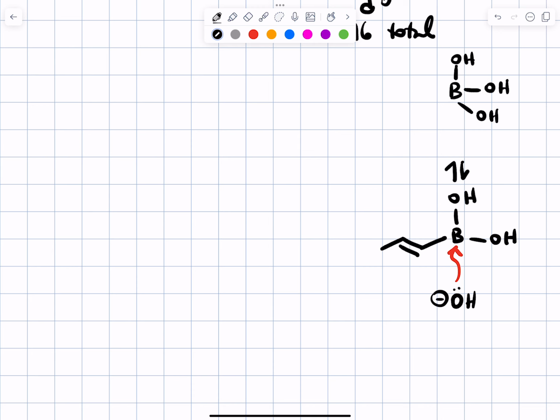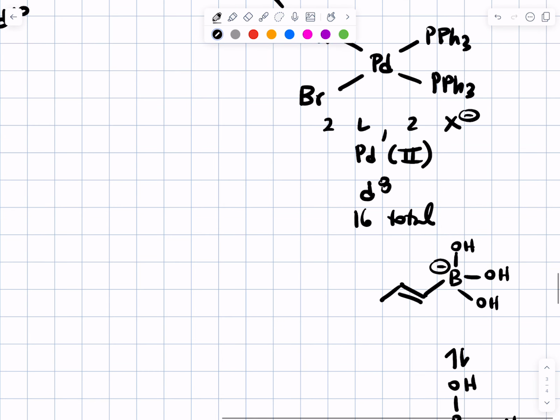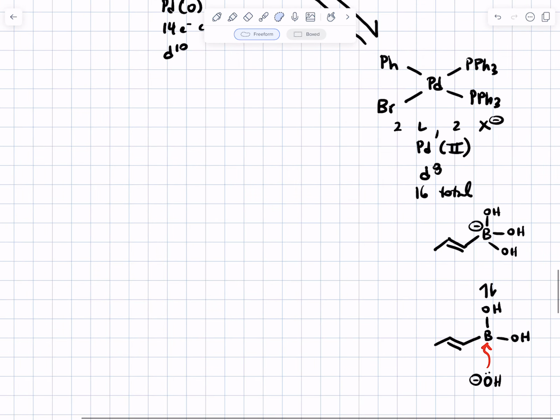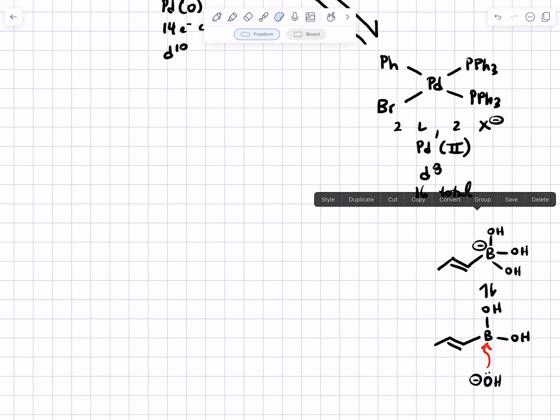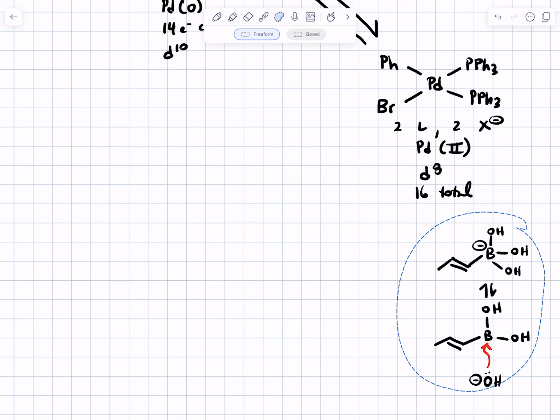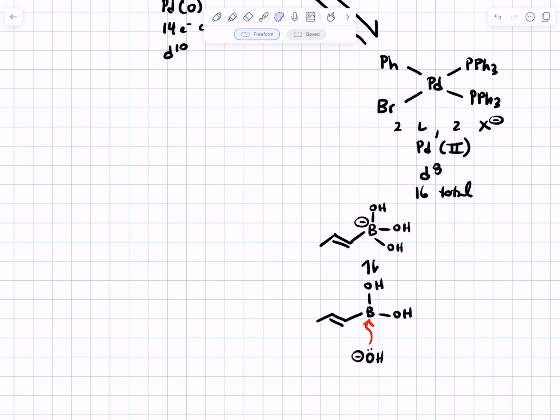So 4 things now attached to boron with a negative formal charge on the boron. So that's a side equilibrium that's happening all the time, but you actually have to get to the negatively charged boron species to do what we want to do next.